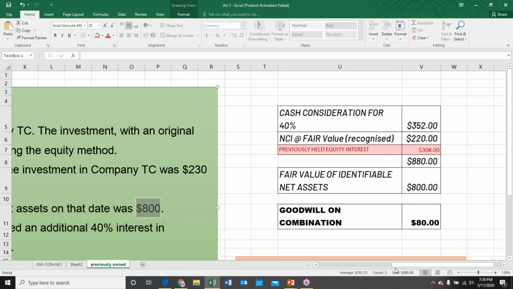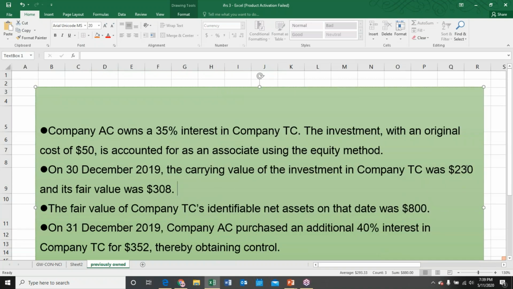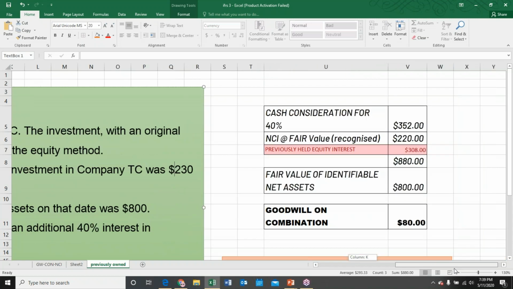There is one more accounting effect: the difference between this 230 and my 308. The carrying value in my books was 230, but the fair value was 308. So an accounting treatment will also be done for this.